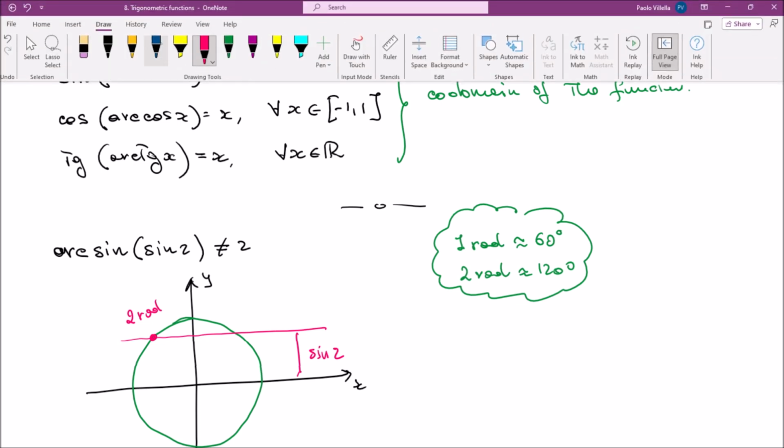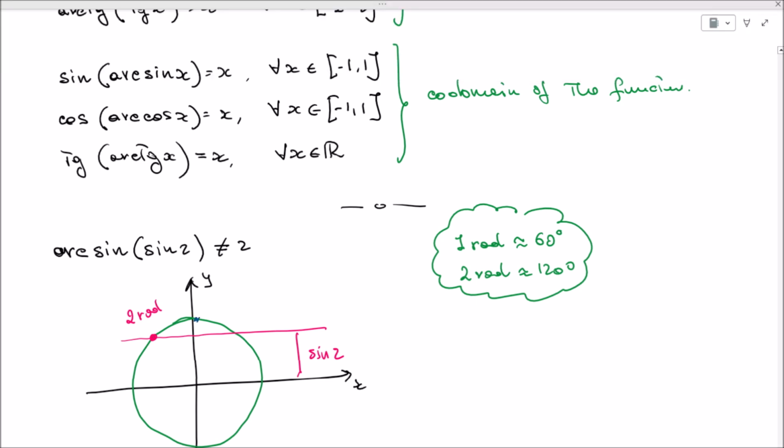But if we remember that the codomain of the arcsine function, which is nothing else than the domain where the sine is invertible, is this interval, between minus pi over 2 and pi over 2, we have that the solution is exactly this one.